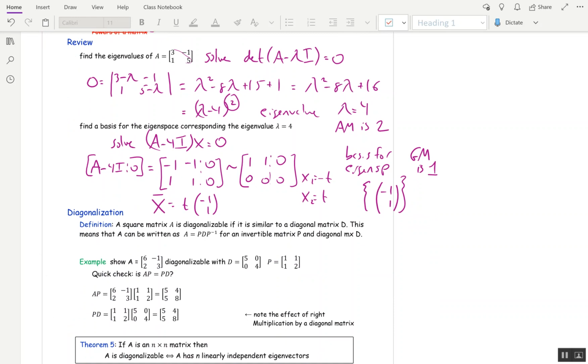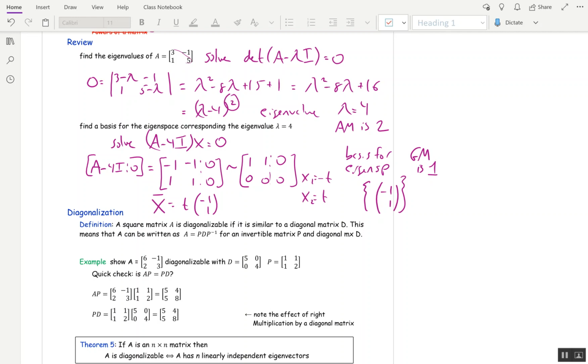All right, now let's talk about diagonalization. Here's the definition. A square matrix is diagonalizable if it's similar to a diagonal matrix. And I don't know if you remember the definition of similarity, but here's a reminder. It means A is PDP inverse, where D is diagonal and P is invertible.